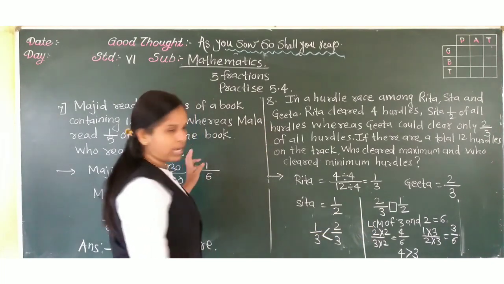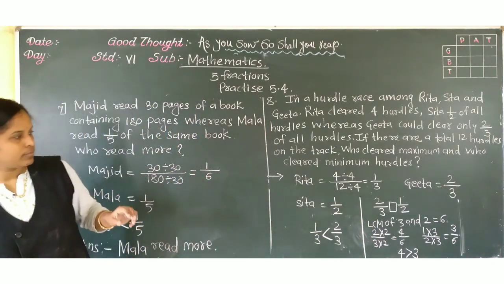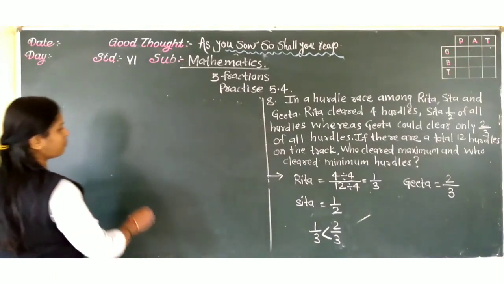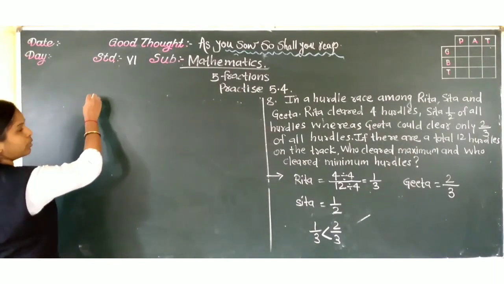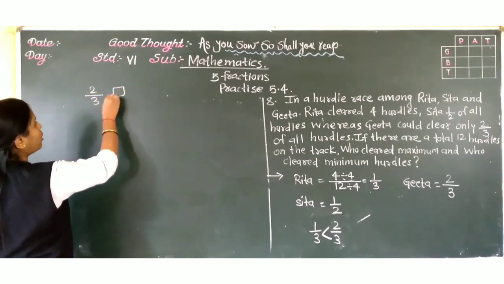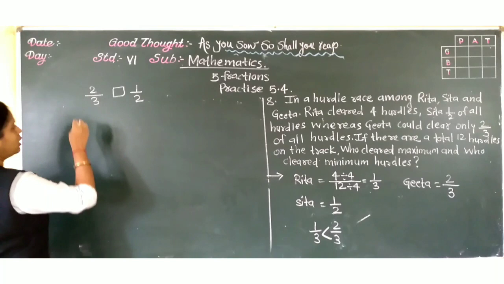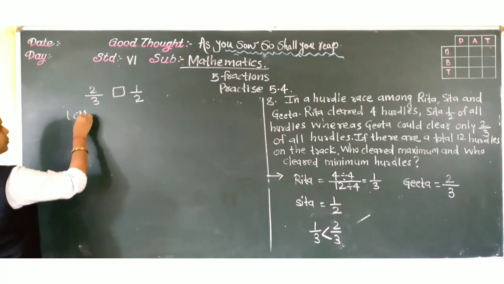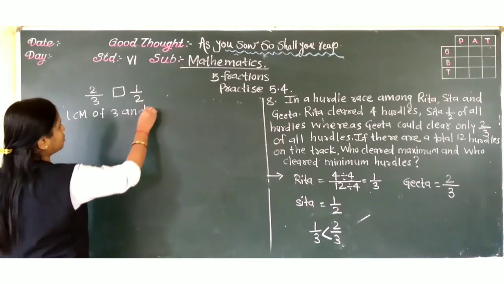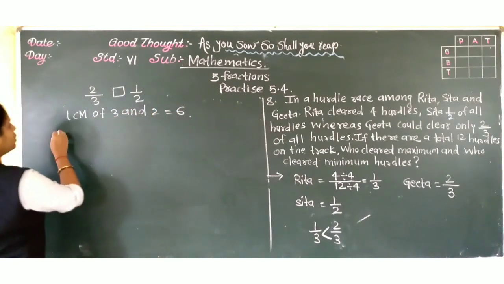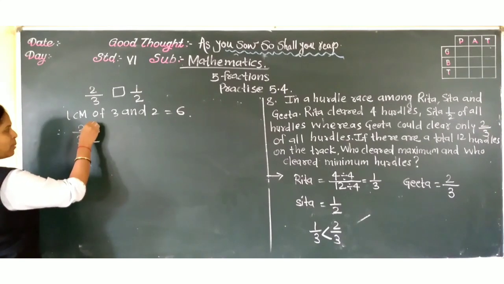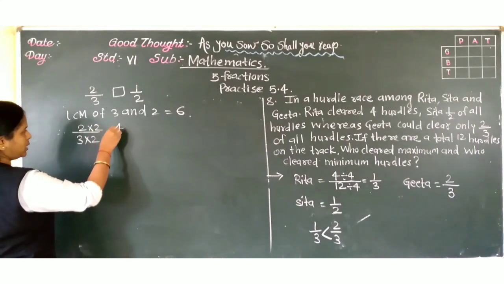That is, I will write here 1 upon 3. That means, now we compare 2 upon 3 and 1 upon 2, Geeta and Sita, correct? So here the LCM of 3 and 2 is equal to 6. Therefore, we have to multiply 2 upon 3 by 2 to get 6.